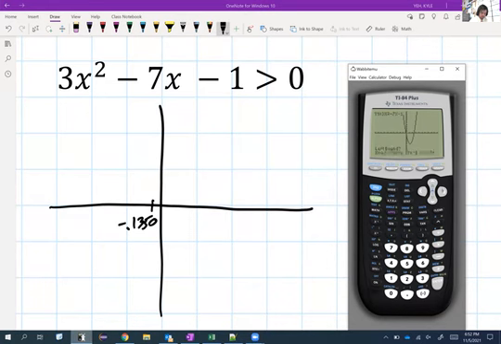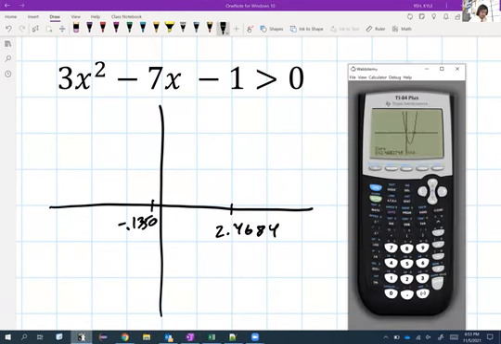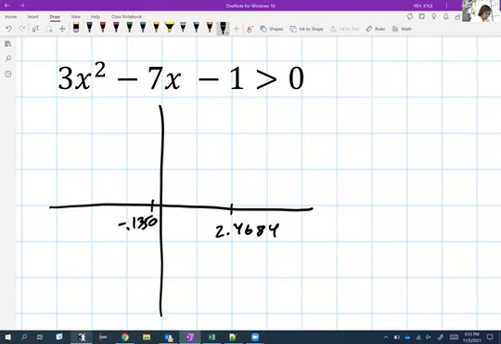And it will know to do the other zero because I'm going to move the cursor just to the left, just to the right, get it close enough to guess, 2.4684. So 2.4684 is the other root, and it opens upwards. So it goes something like this.